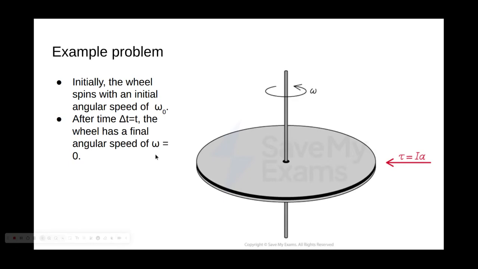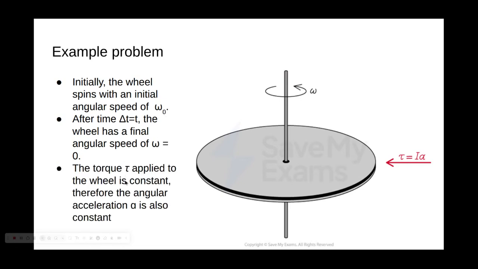So this is going to be a little bit backwards from our normal use. The final is going to be 0, and the initial is going to be some value. So the torque being applied to the wheel is constant, and therefore the angular acceleration, how much this is slowing down every second, is going to be a constant. Just keep that in mind in case it's useful.